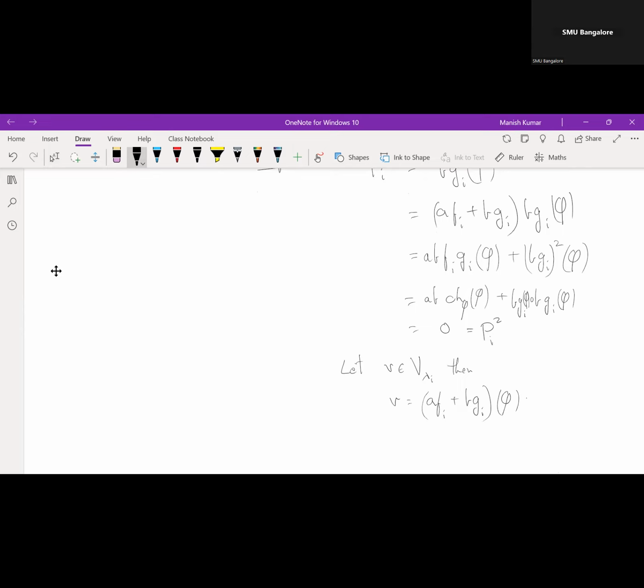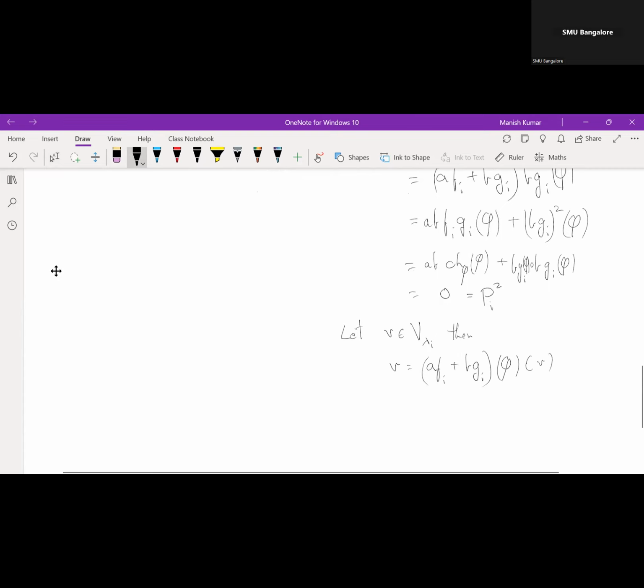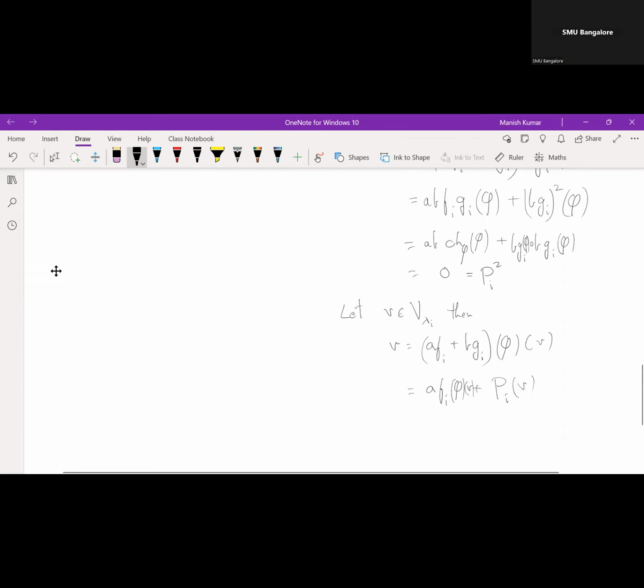This linear operator is the identity, because this is the one polynomial evaluated at v. But the point is, I can split it. So this tells you that this is A Fi phi of v plus BGI phi of v. So this is pi v.